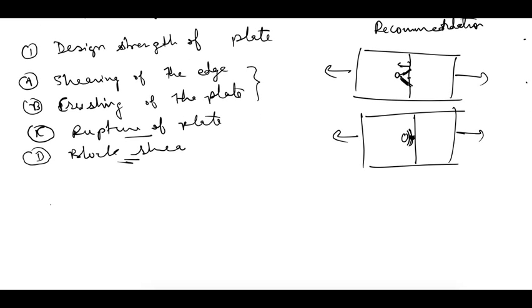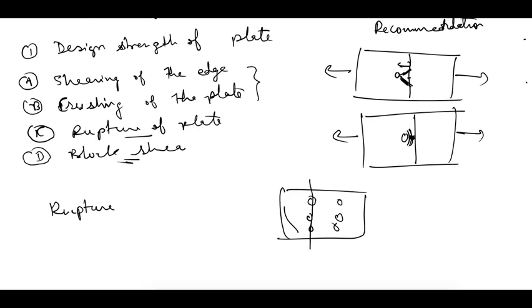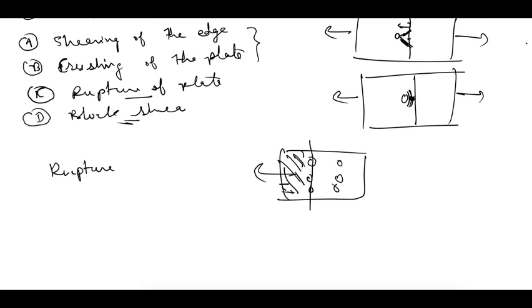So we have to see the rupture of the plate here. In rupture, if this is the plate and we have put the bolts here, at some surface it can simply tear apart like this. So this part of the plate can simply tear from the rest of the plate. That is the rupture of the plate.